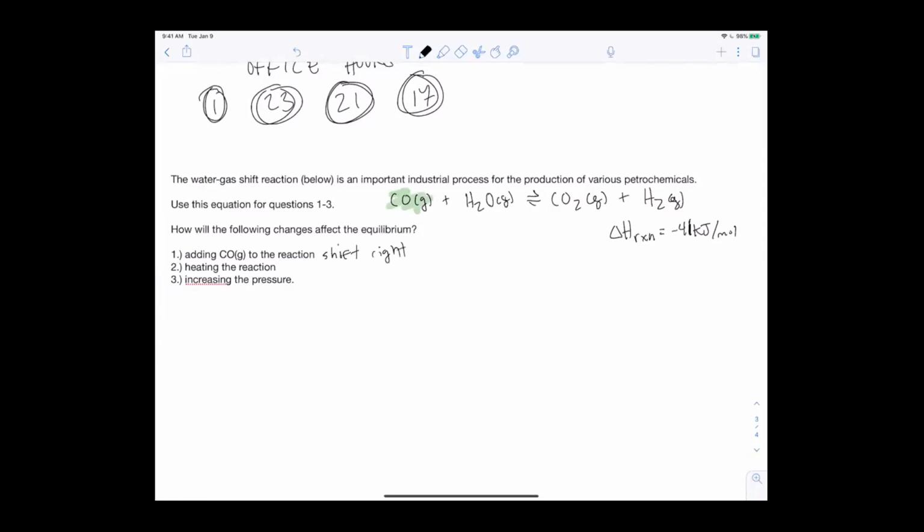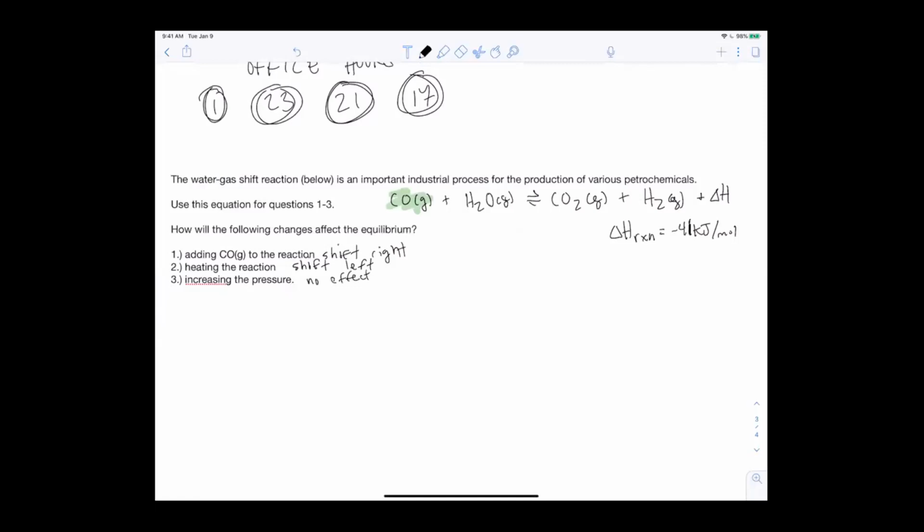I don't know how it's worded in the answer choices. Heating the reaction, because it's negative, that means the heat, you can write it out as being kind of over here. It's going to shift left. And then increasing the pressure should have no effect on the reaction because the number of moles on the left and right are the same.